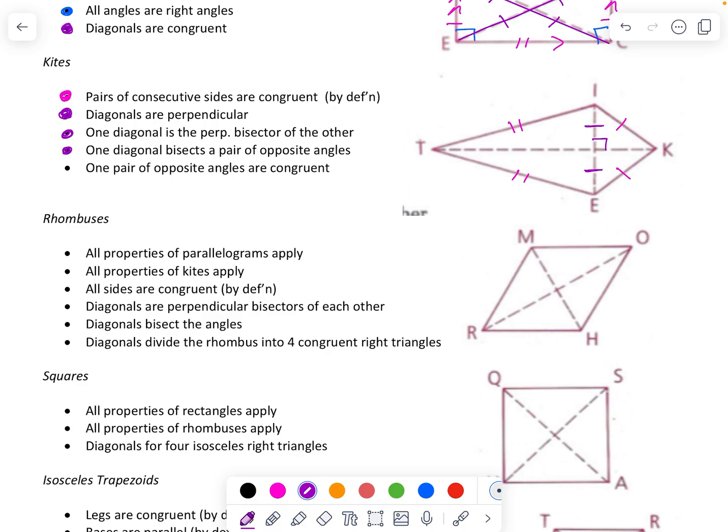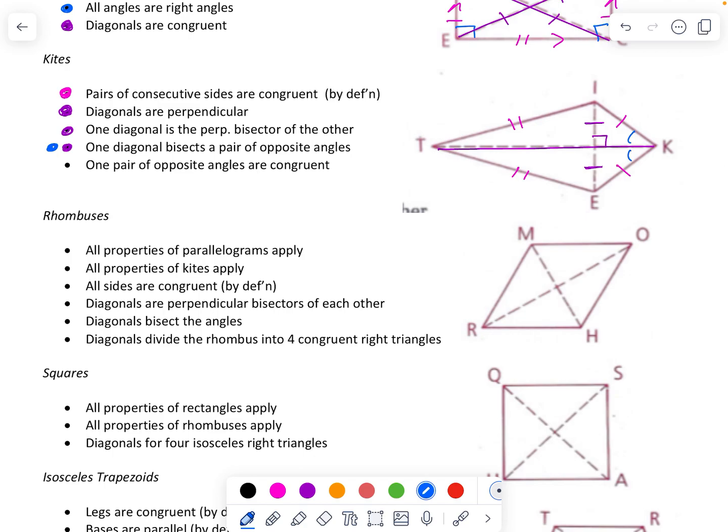And one diagonal bisects a pair of opposite angles. I'm going to call that blue and purple because this diagonal right here bisects these angles. They're not congruent just to each other, but those are bisected. And then here we have one pair of opposite angles congruent. So this angle right here is congruent to this angle there. So even though by definition we only had the 2 pairs of congruent sides, the shorts and the longs, there are a lot of cool properties with kites.